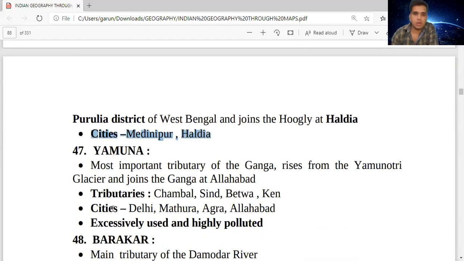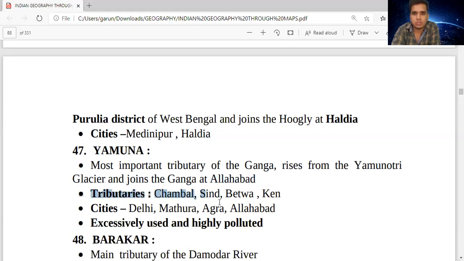We have done Yamuna in the Ganga river system, but not particularly as a river. It is the most important tributary of Ganga, rises from the Yamunotri glaciers and joins the Ganga at Allahabad, now Prayagraj.